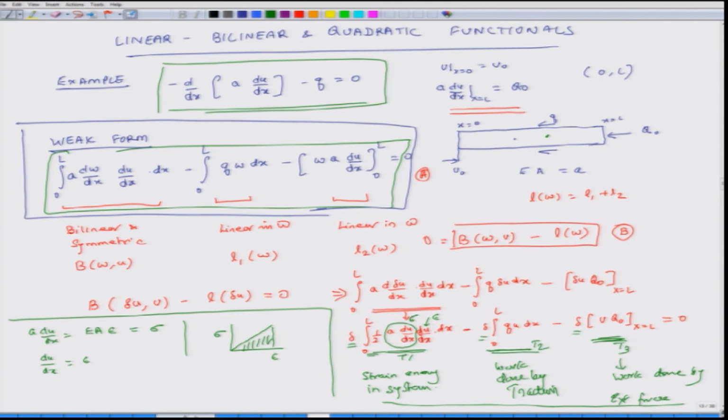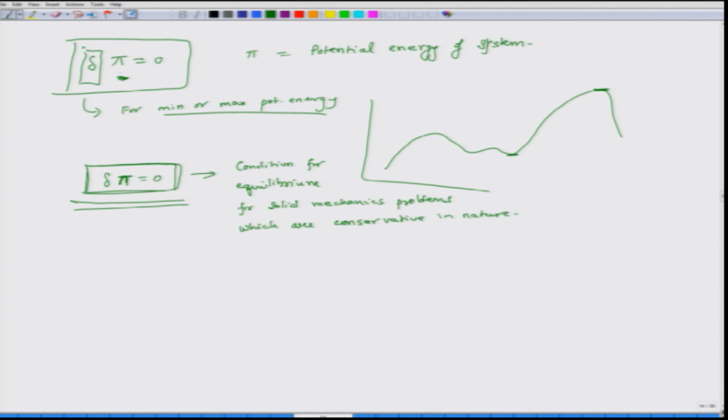So, in context of solid mechanics, I can say that T1 plus T2 plus T3 represents the potential energy, but in general I cannot say that this is potential energy. So, I make a general statement that T1 plus T2 plus T3 represents some functional I, right, and the condition for that functional to be at a minima is that its variation should be 0.